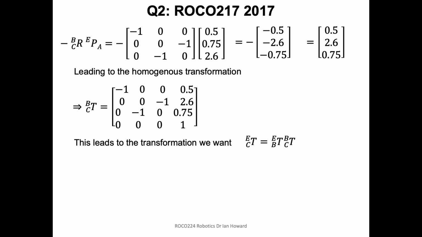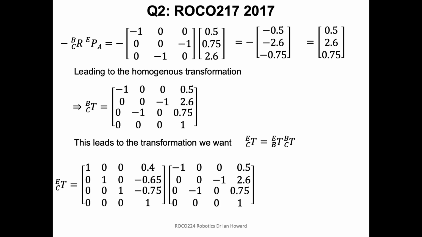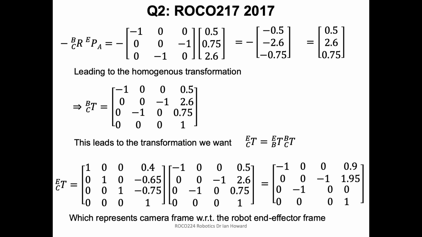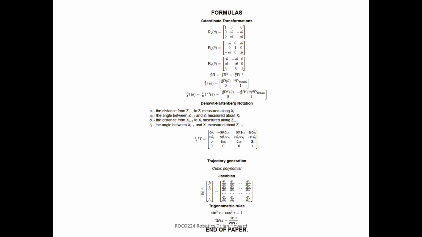And in order to calculate the final homogeneous transformation matrix we've been asked for, it's going to be what we had before multiplied by this new term appropriately, leading to the final result. And this then will represent camera frame with respect to the end effector frame as requested.